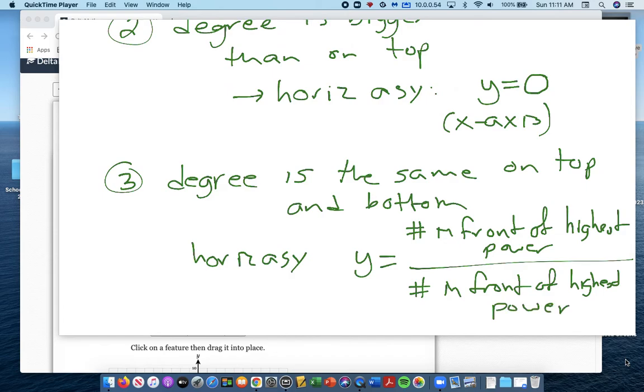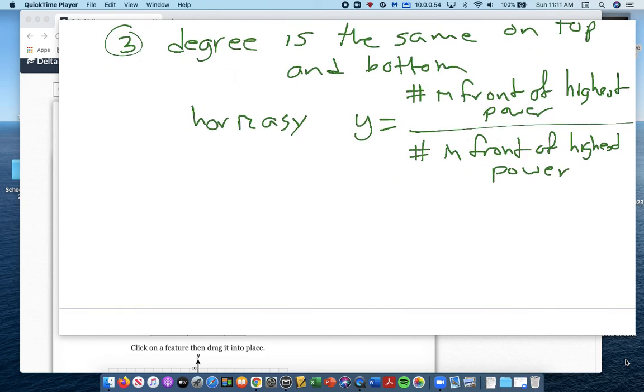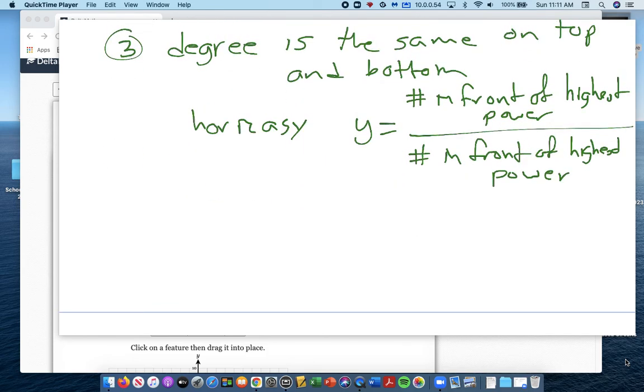I will go through an example in a different video showing you how to do this, but writing these down is a super important thing, and then we'll look at a couple of examples. Okay, so we dealt with horizontal asymptotes, x-intercepts and y-intercepts.